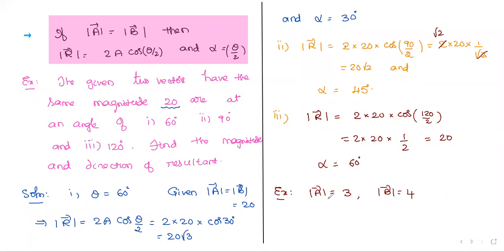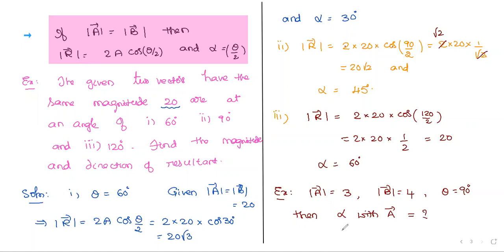Right. Mod A is equal to mod B equals 4. Here I am saying any angle I can take, even the right angle, in a parallelogram. It is better to understand this way, otherwise some students can't understand. So suppose I take theta equal to 90 degrees, easy to understand. Then first I focus on alpha with the vector A bar.